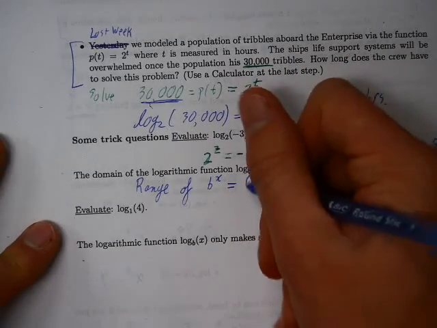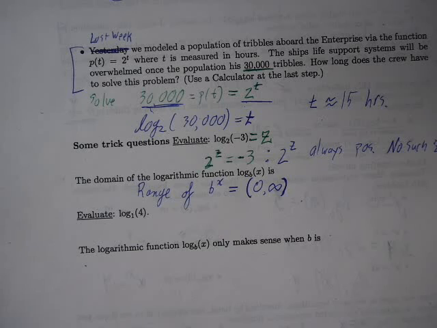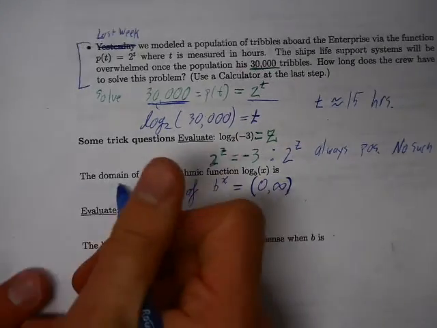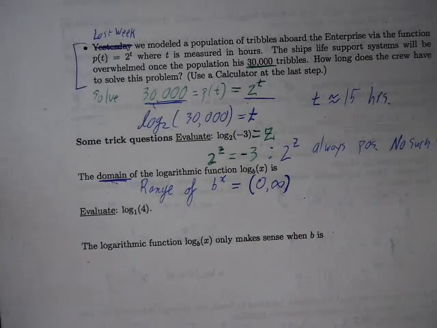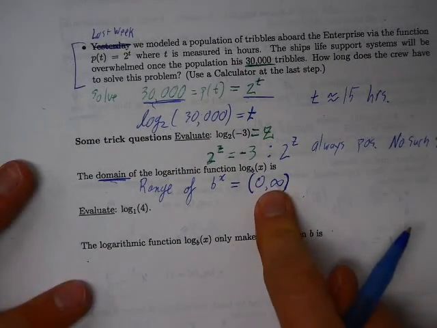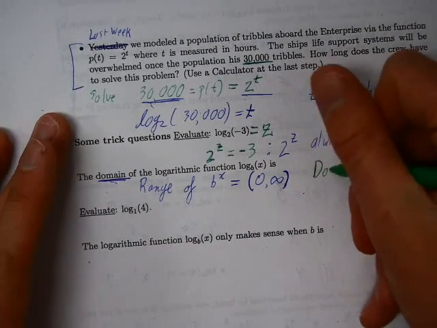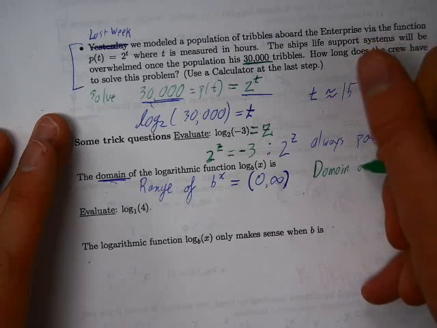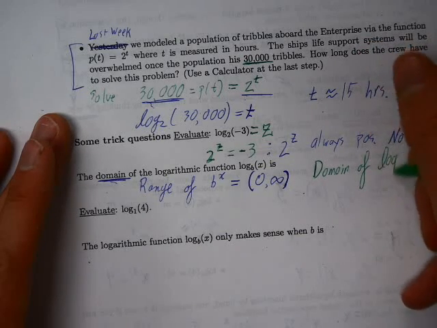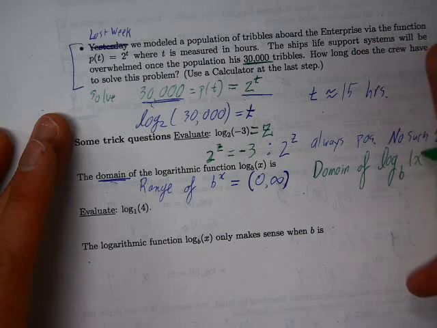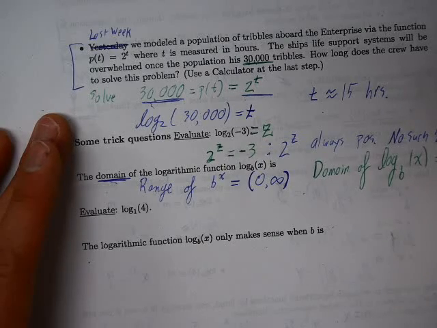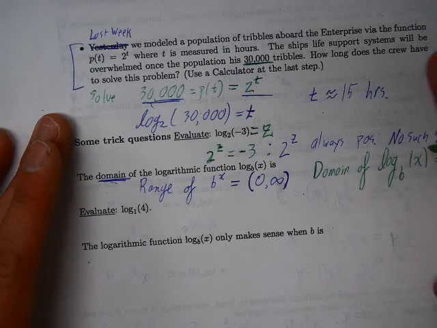No. The domain of any logarithmic function is 0 to infinity, excluding 0. I'm going to rewrite that because I misspoke at least once. Domain of log base b of x is 0 to infinity.